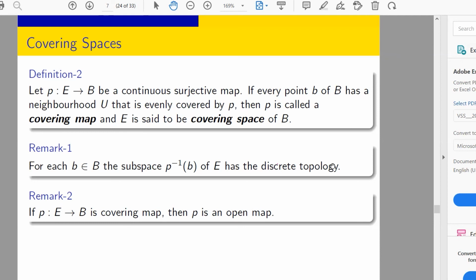So P inverse of Ub can be written as a disjoint union of V alphas. So this P inverse of b will precisely belong to one V alpha, since that is a disjoint union. Now if we show that P inverse of b intersection that V alpha is a singleton point, then we are done.